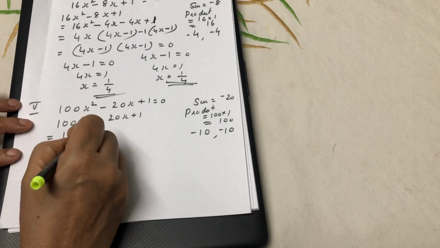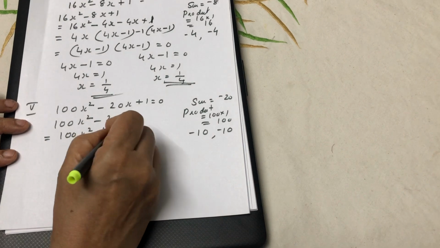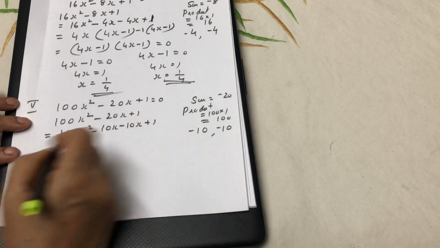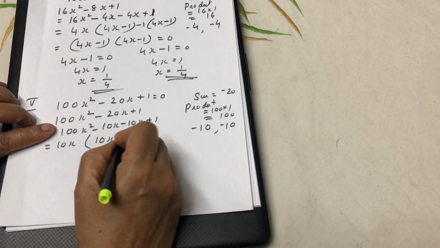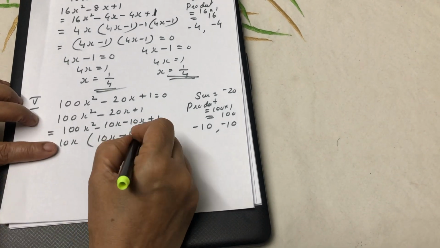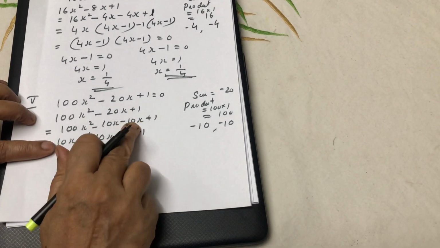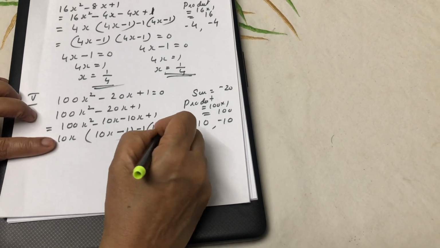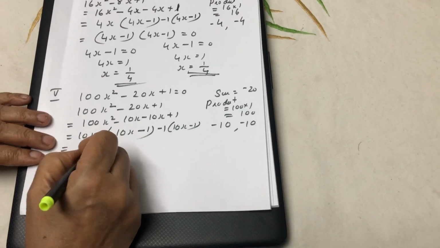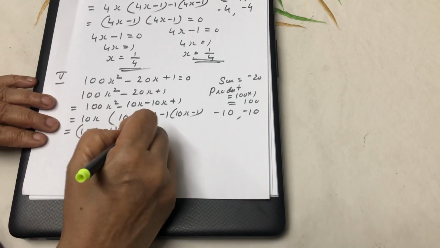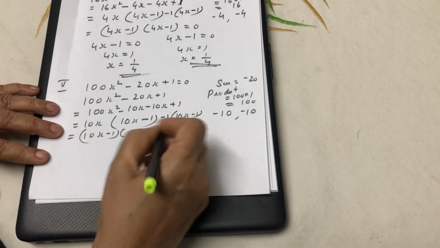So 100x squared minus 10x minus 10x plus 1. 10x is common, here 10x is left, minus 1. Minus 1 I take out, so this will become plus 10x and this will become minus 1. 10x minus 1 into 10x minus 1 is 0.